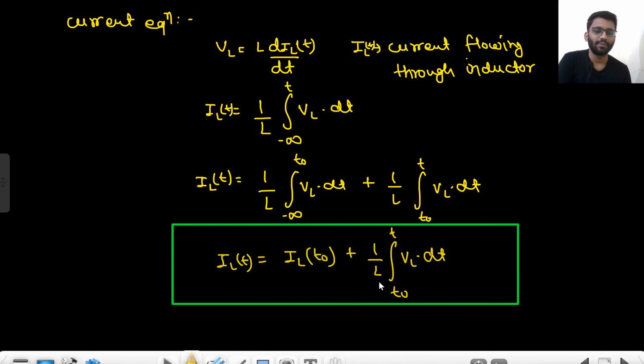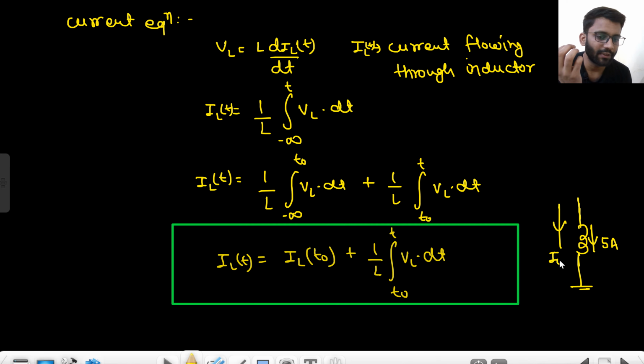Okay, so what do you understand by this point? I_L(t), what do you understand by this? Like this is an inductor and there is already some current flowing through it. It already has some current of 5 ampere. Now you need to write down the expression of current.